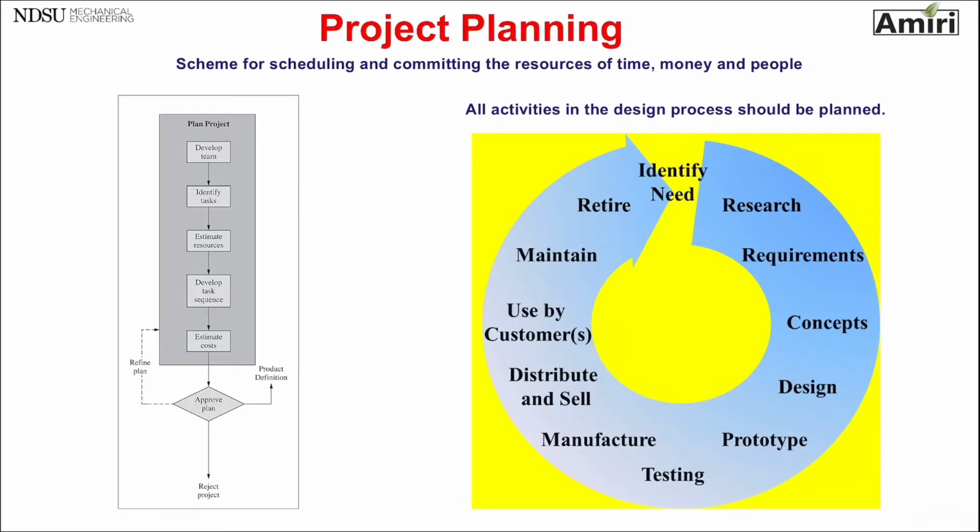It is the scheme or the roadmap for completing all the tasks that are required to achieve the goals of the project, and it shows how much resources are required. Resources were 3 things: time, money, people, or equipment, stuff like that.